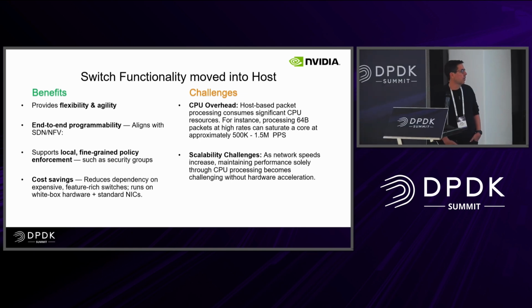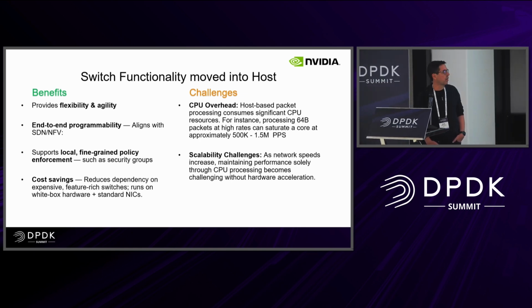If you're looking at implementations of virtual switches, the range of packets per second they can do is about 500,000 to 1.5 million. Sometimes if you do something more optimized, you can do more, but then you lose the flexibility. It means you need to put 20 or 30 cores on the host just moving packets.